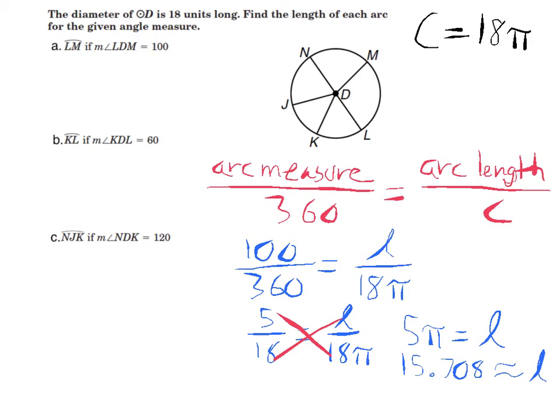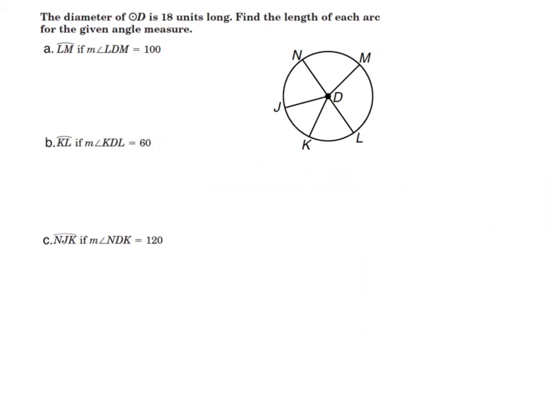Alright, so that's an example of doing arc length here. Let's look at a couple more just to make sure we're solid on this. Alright, let's do part B this time. Again, we're going to set this up with arc measure, which I know is the same as the measure of the central angle.